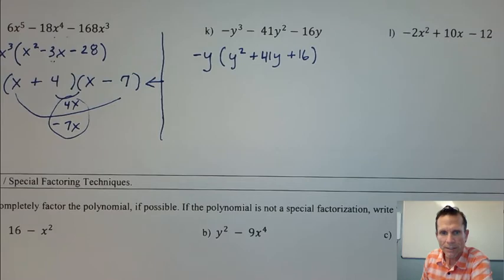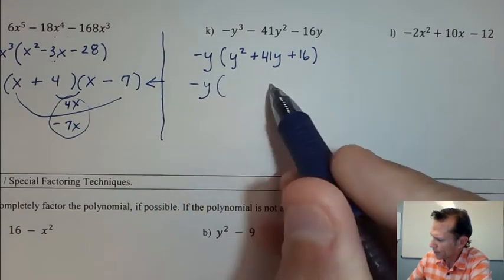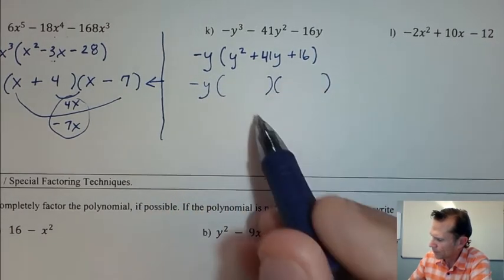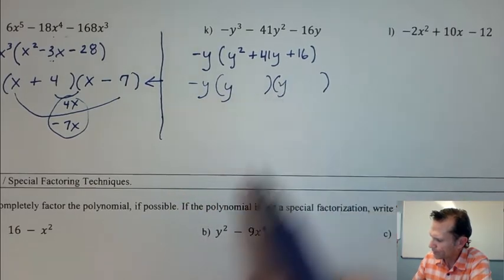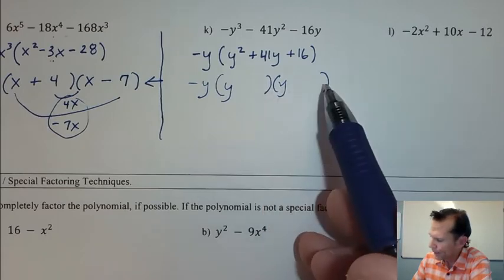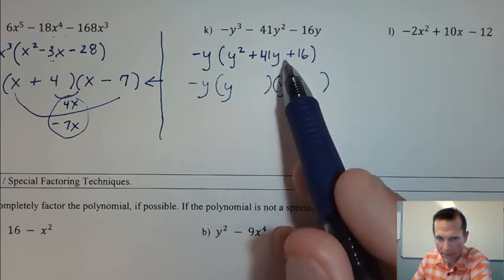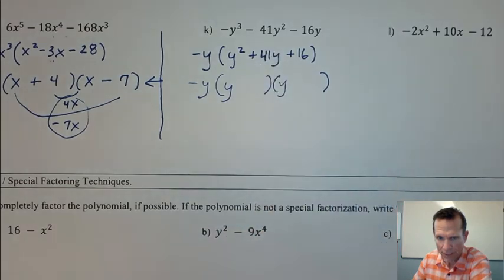Now, taking a look at this, when I work through this, I start to think about y and y, and then I have 16 and 1, and 4 and 4. I'm thinking there's no possibility of getting this 41y in the middle.